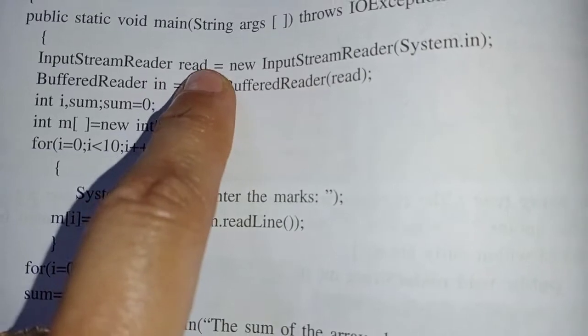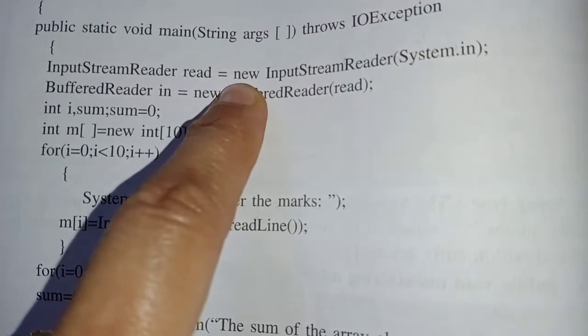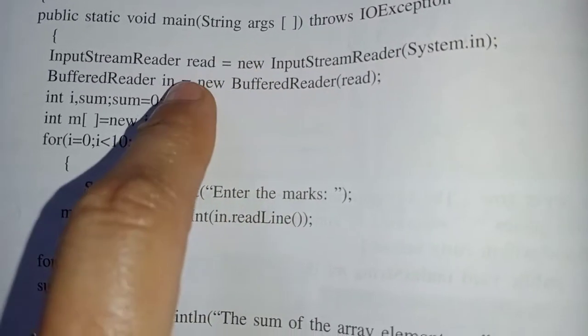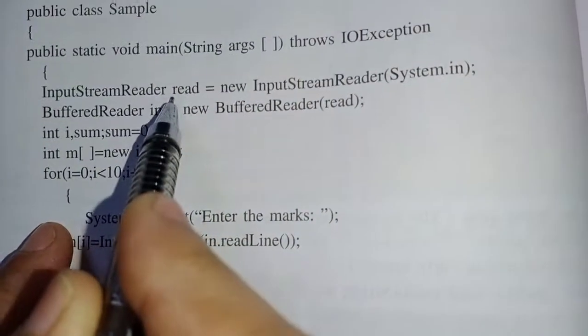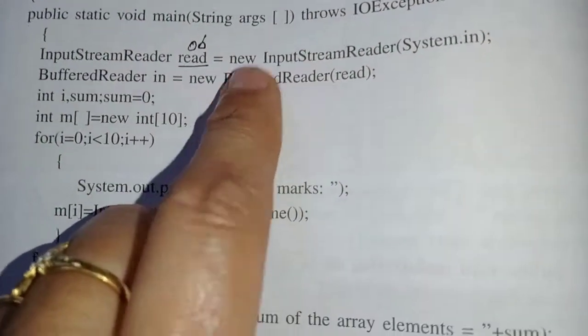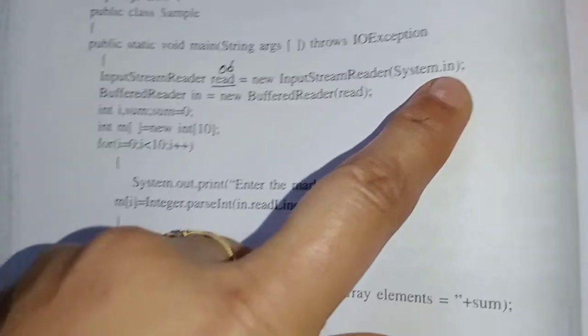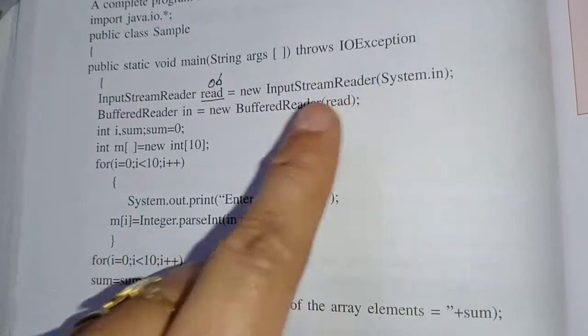Then read is an object of this InputStreamReader class, is equal to new, a keyword which will allocate the memory to the newly created object. This read object is equal to new InputStreamReader(System.in), S should be capital in System.in.